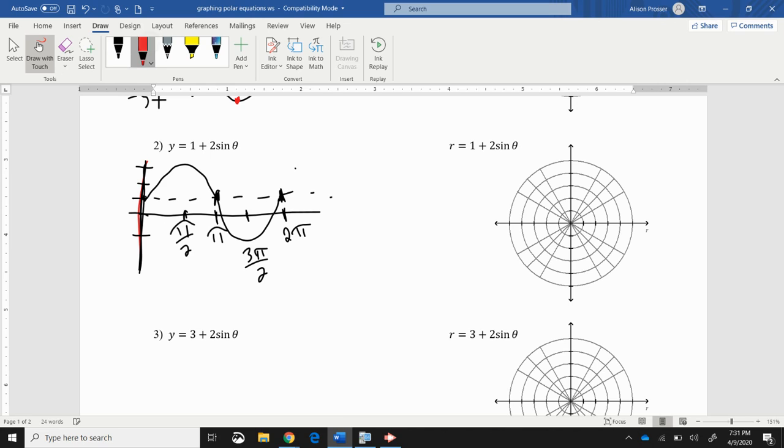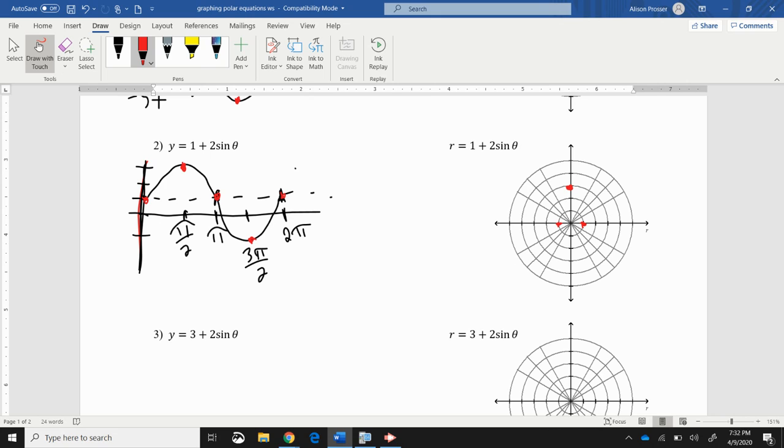So the 5 points we're going to graph is 0, 1, pi over 2, 3, pi, 1, 3 pi over 2, -1, and 2 pi, 1. So going over here to the polar coordinates, we are going to do 0, and we'd go out to 1. That's right here. Pi over 2, it's up at 3. 1, 2, 3. At pi, it's back at 1, so it's over here.